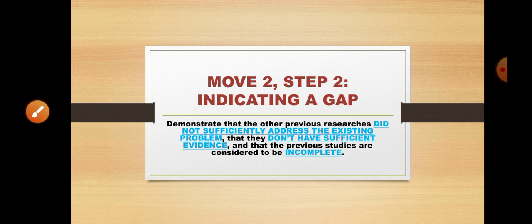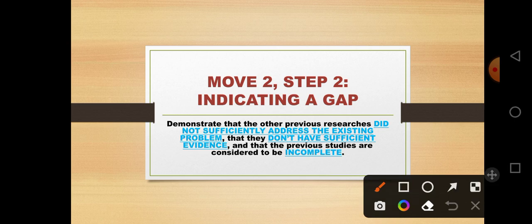You will have to demonstrate that the other previous researches did not sufficiently address the existing problem and they don't have sufficient evidence. So you must indicate here that the research problem, or let's say the previous research studies, are considered to be incomplete.